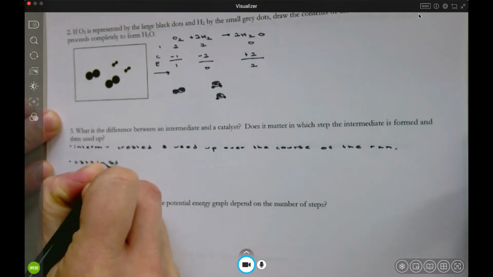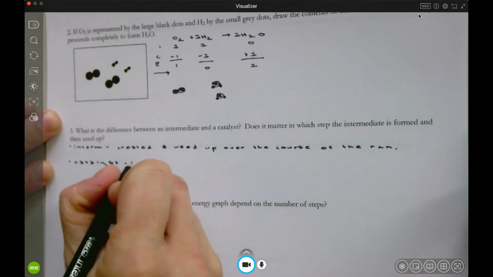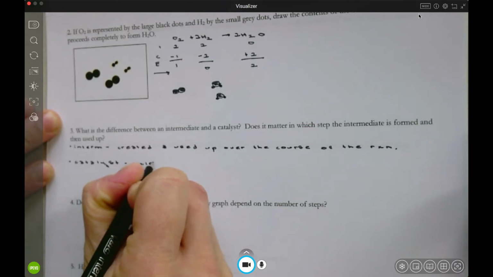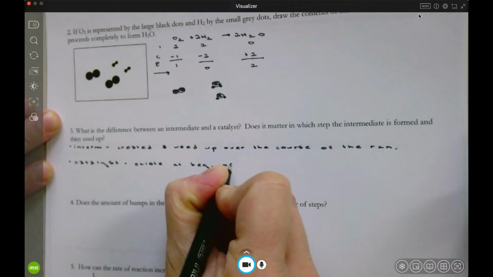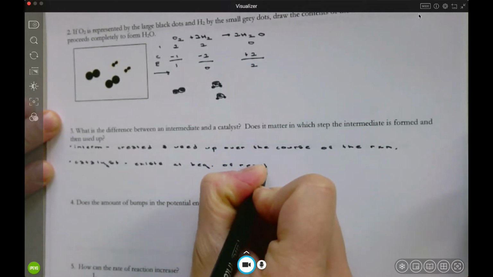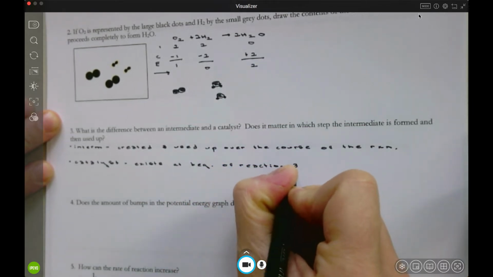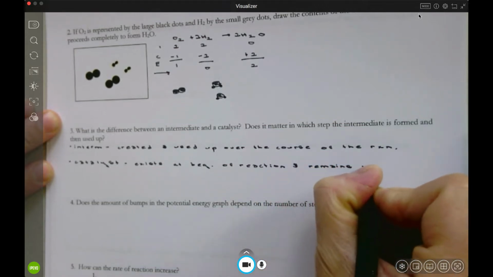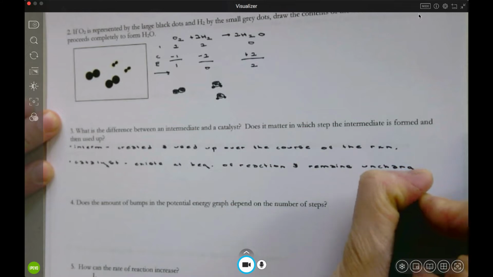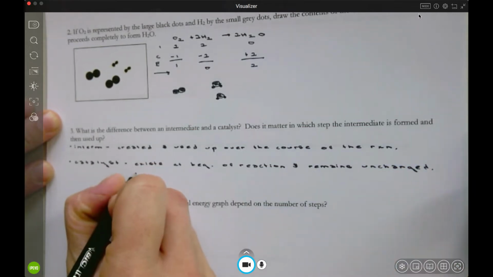A catalyst exists at the beginning of a reaction. And it remains unchanged. And the only reason why a catalyst is added is to speed up a reaction.